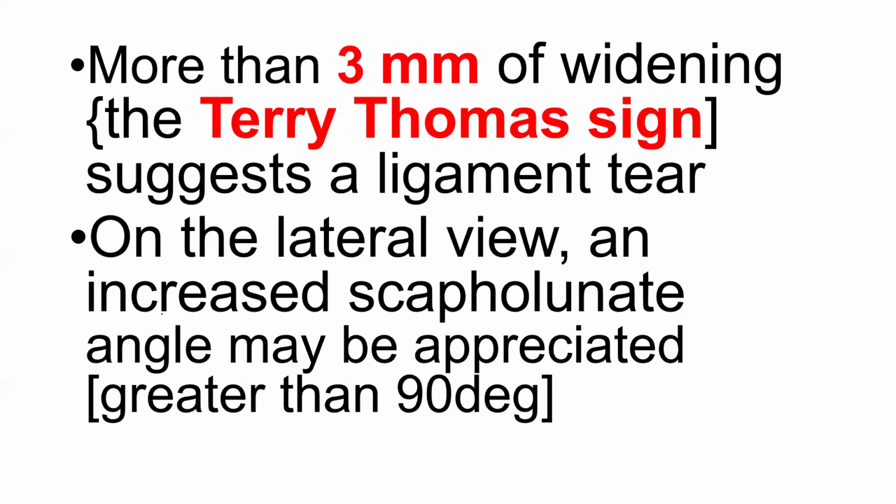More than 3 millimeters of widening, which is called the Terry-Thomas sign, suggests a ligament tear. On the lateral view, an increased scapholunate angle may be appreciated, and this may be greater than 90 degrees.